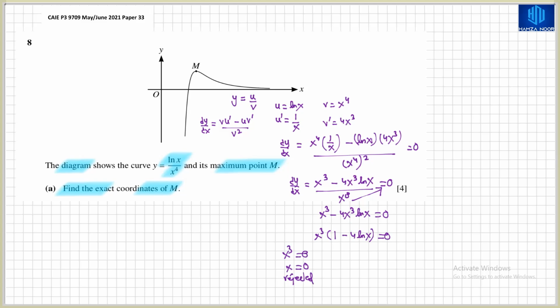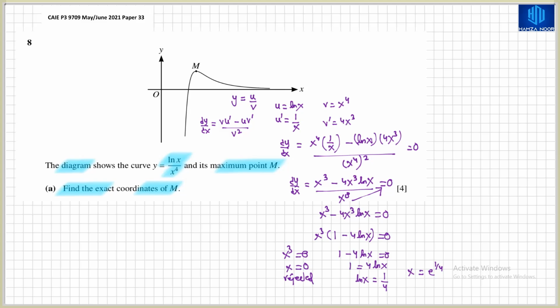Then 1 minus 4 ln x equals 0. Therefore 1 equals 4 ln x, so ln x equals 1 over 4, and therefore x equals e raised to the power 1 over 4. This is the exact x coordinate of M.